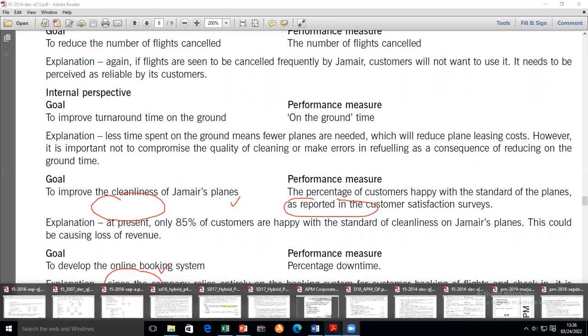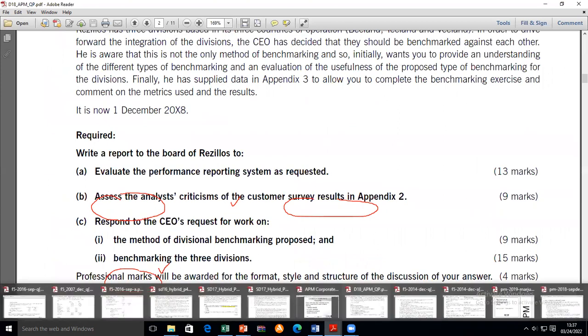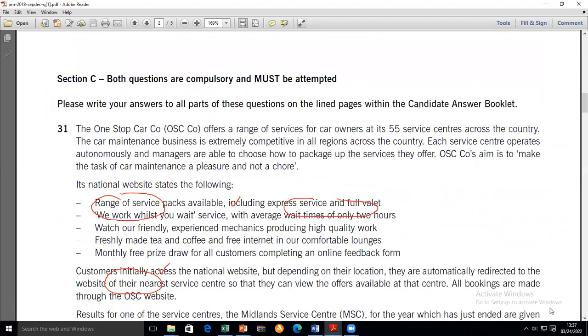Let us get to our next model. The next model that we shared was the building block model.